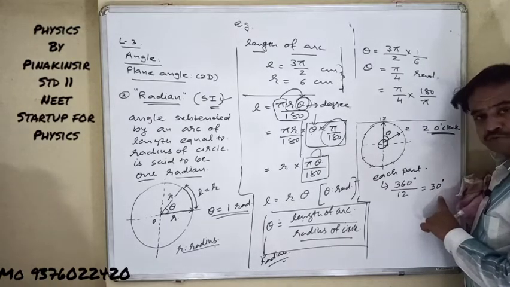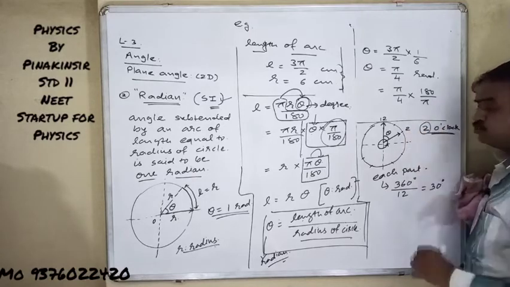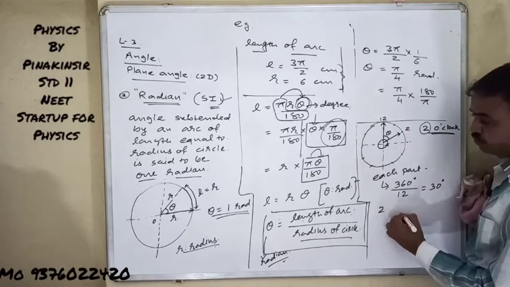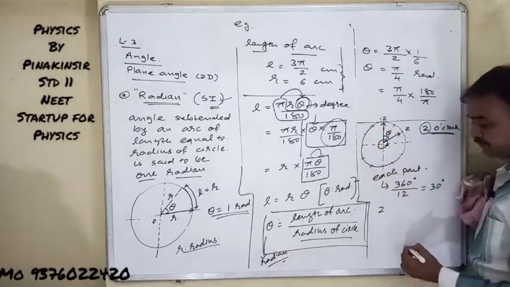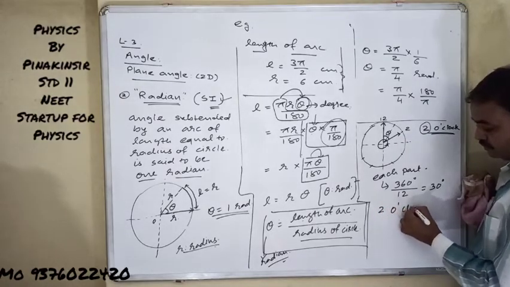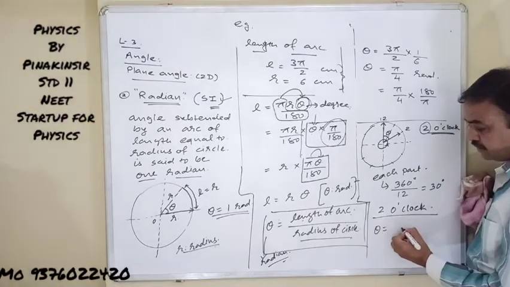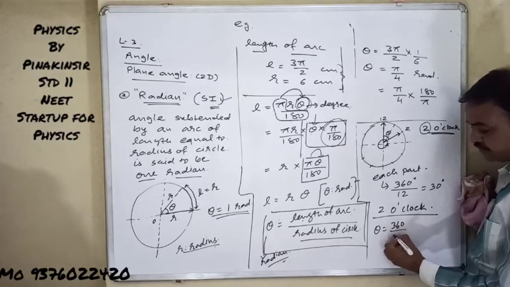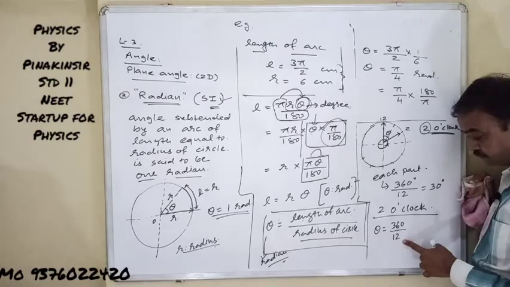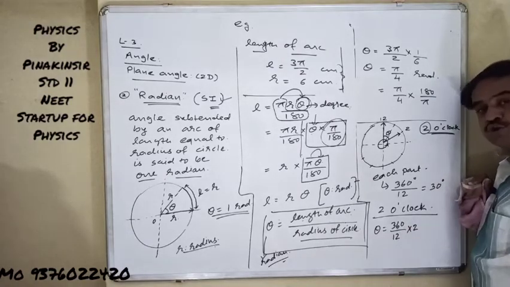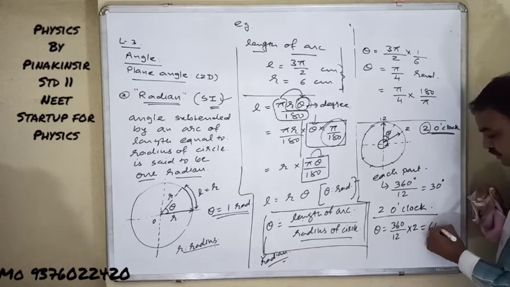At 2 o'clock, there are 2 parts, so theta will be equal to 360 divided by 12, that is for part 1, multiplied by 2 parts, which gives you 60 degree.